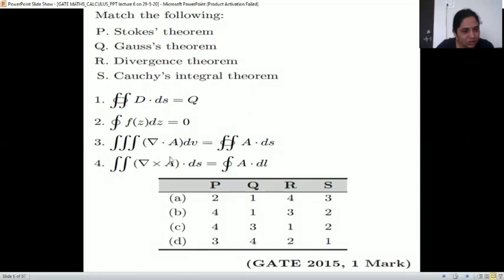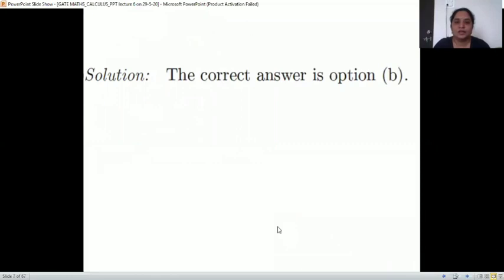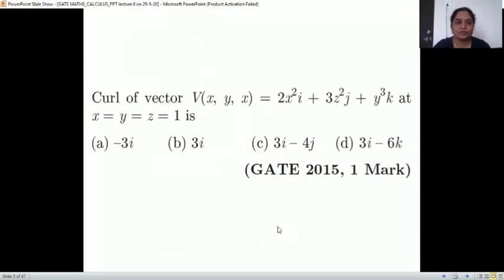So here is the relation where triple integration del dot A is there. So this is double and triple integration. So this is the divergence theorem. That is R is 3. So where is the option R is 3? Here is the option R is 3. But here is R is 1. So this is wrong. So the only correct option is B option. So the answer is B.